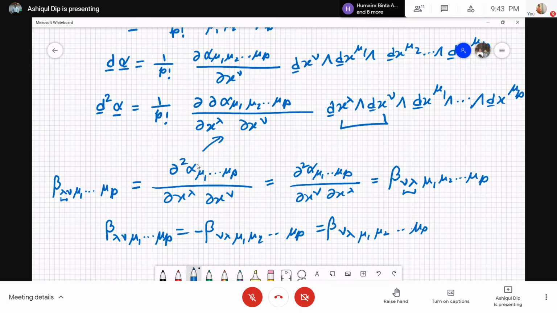What is the quantity whose negative is equal to itself? 0. So beta must be 0. Is that clear to everyone? So if you apply the exterior derivative twice, it becomes 0, because partial derivatives can be switched.